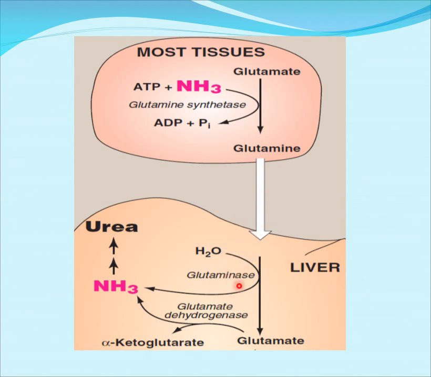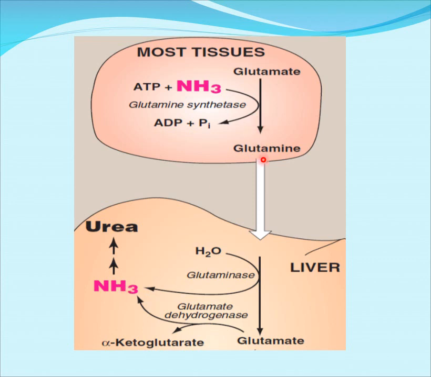In the liver it undergoes two steps. The first step is by glutaminase. We remove the first amino group, converting glutamine into glutamate. Then by oxidative deamination, by glutamate dehydrogenase, it is converted into alpha-ketoglutarate, and we have produced 2 moles of ammonia.